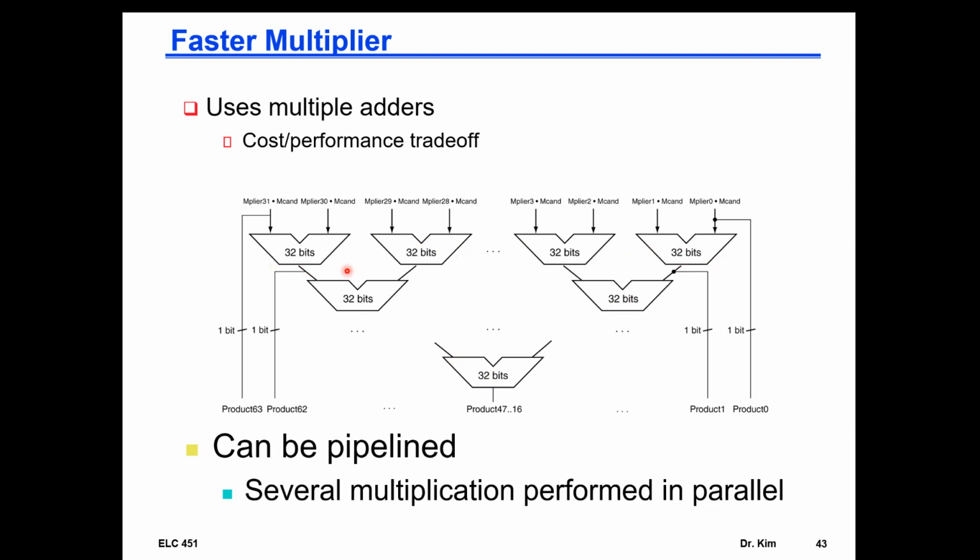So why not pipeline and essentially put registers to isolate each layer, and while you're doing the addition here on the second level, you are doing the addition for the next multiplication that comes behind, and you're using all the others at the same time. So that's the idea behind pipelining, and that's how you improve throughput. So it's an attractive technique.